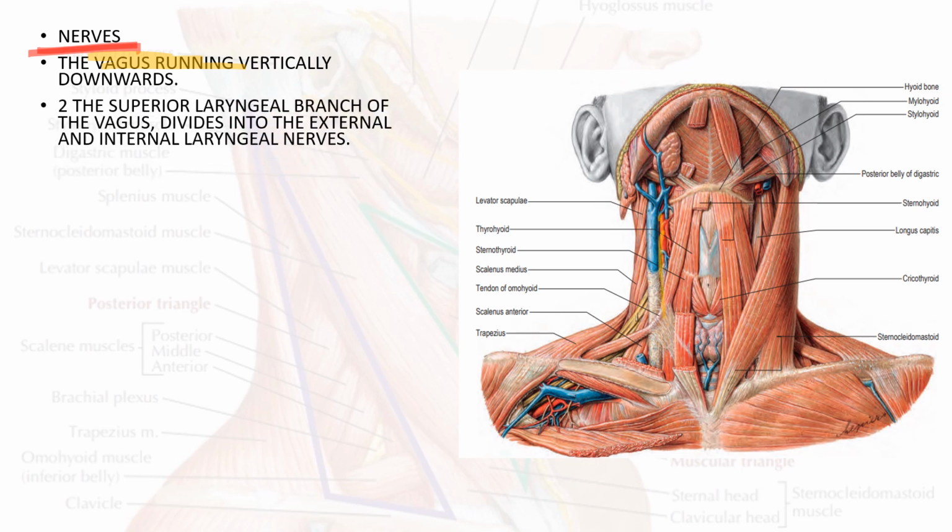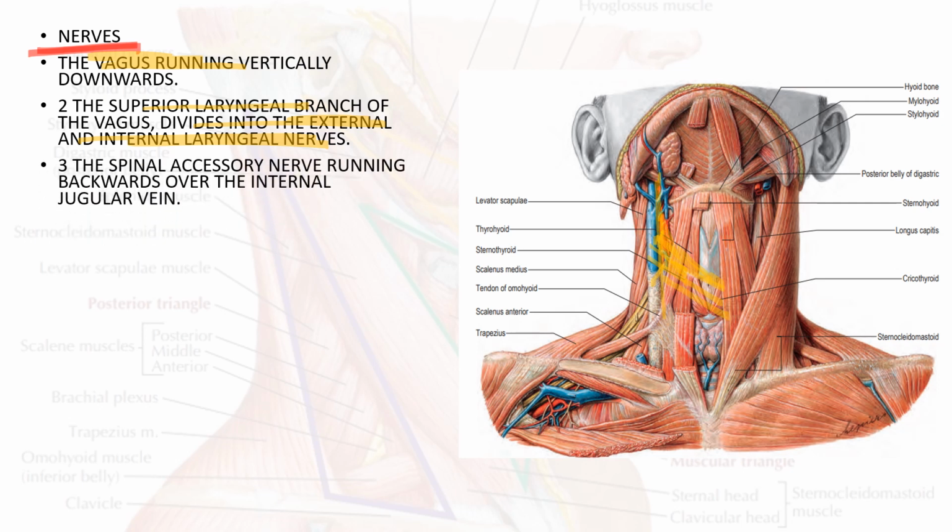So this nerve will give its branches, the superior laryngeal branch, and this superior laryngeal branch again gives the branches, that is external and internal laryngeal branches. All are the content of the carotid triangle. Then spinal accessory nerve. Spinal accessory nerve is the 11 number nerve that is also content of this triangle.